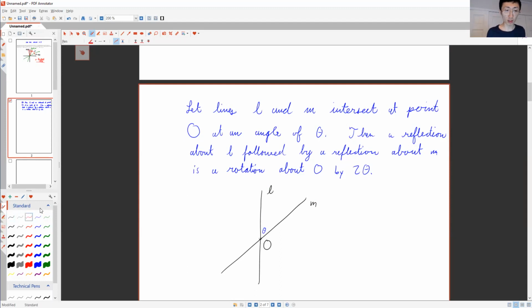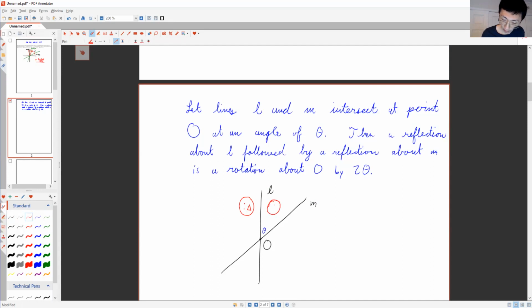So let's see that it's true for a point, and then it will also be true for figures in general. I think I'll just draw it for a figure. So let's say you have this sideways smiley face, and then you reflect it over L, right? So it becomes something like that.